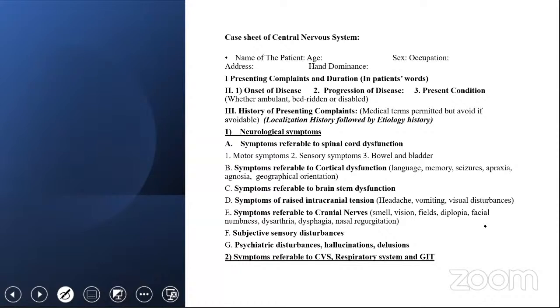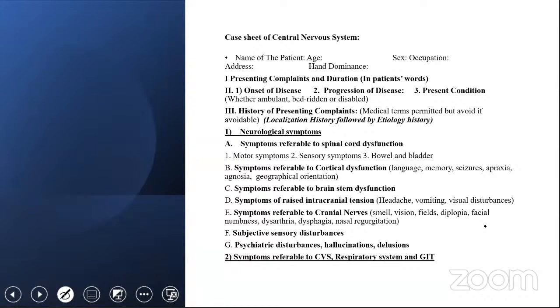You have to do a localization history first, followed by etiology history. You enumerate the neurological symptoms that can be present, which are referable to spinal cord dysfunction like weakness, sensory disturbances, bowel and bladder disturbances. They are referable to cortical dysfunction like language, memory, seizures, apraxias, agnosias, geographical orientation.